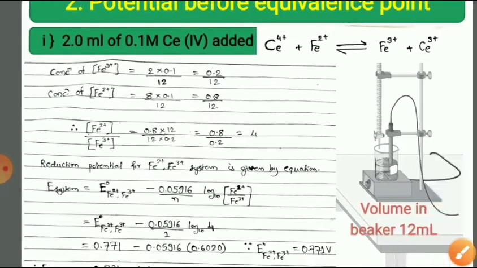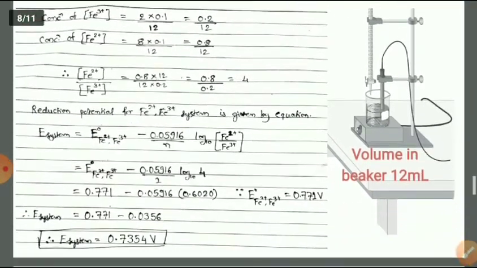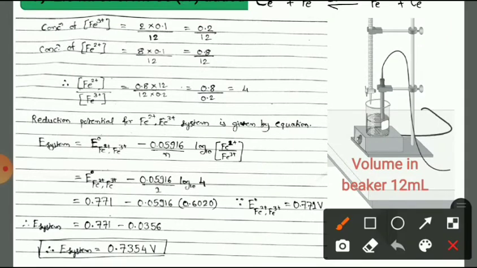Now let's substitute the values in the above equation. We have substituted n equal to 1, and the ratio of the concentration of Fe2 plus to Fe3 plus is 4. After taking the log of 4, we get 0.602, into 0.05916.